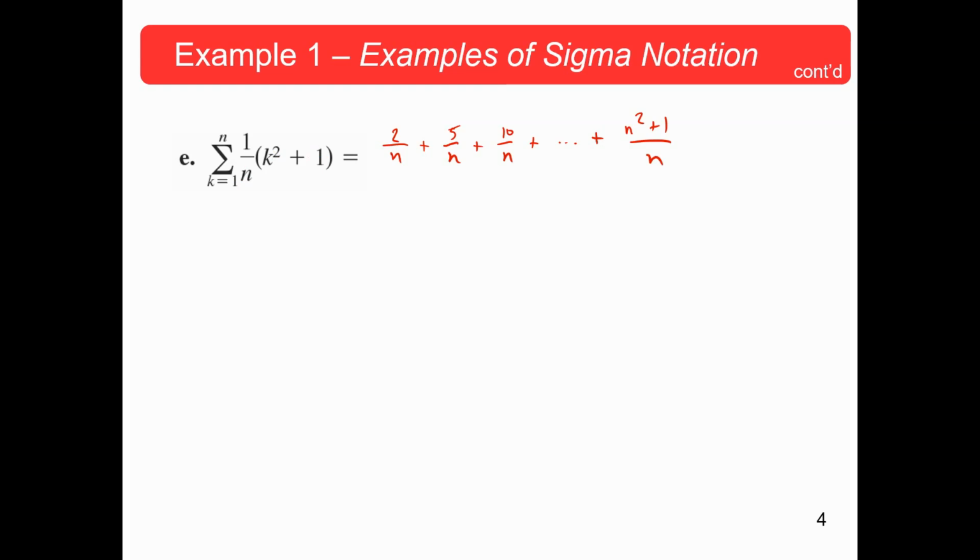Now we can't get an actual number for this because we don't know what n is. But notice that we can just keep plugging numbers in until we get to whatever the prescribed n is.